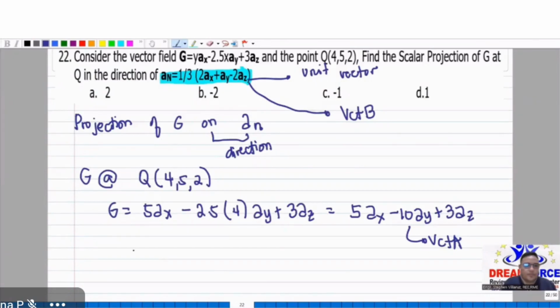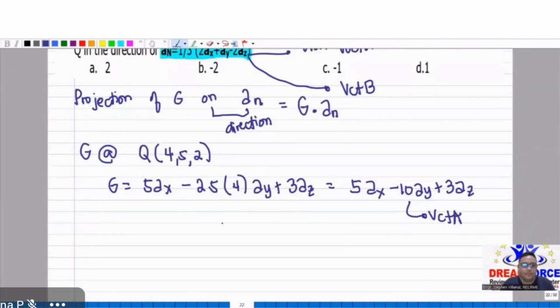Okay? So, therefore, yung ating projection of G on AN, so that is G dot yung ating directional vector, AN. Therefore, projection of your G on AN now will be equal to VctA dot VctB.